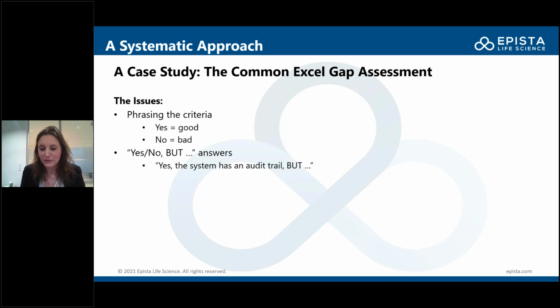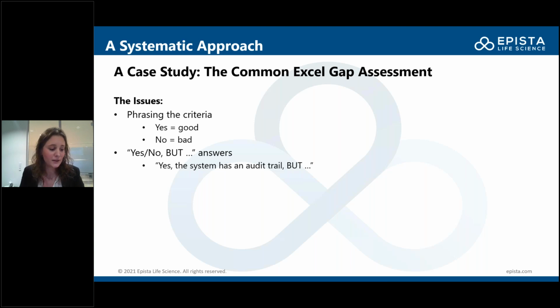Second point is you will, with most of those assessments, get your system experts to answer with yes or no, but if you're unlucky, they're actually going to write all their text into the field. That really messes up all your filtering and all the evaluation of the data you've collected. Or they are adding a lot of information in the comment column.